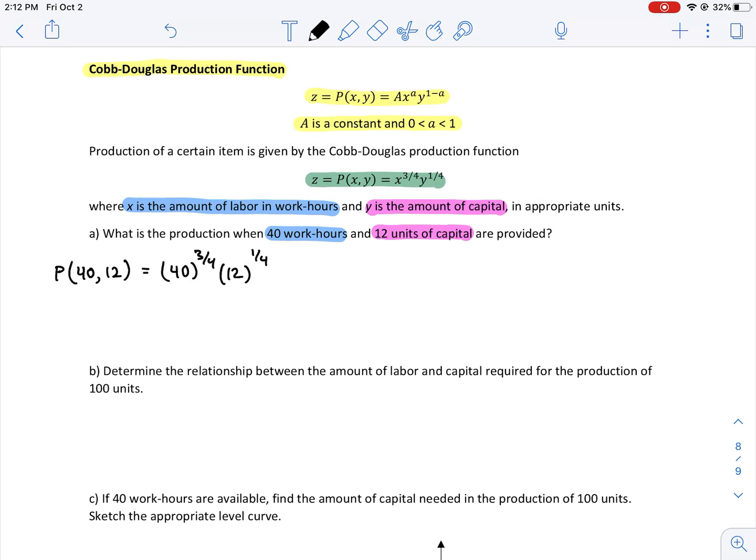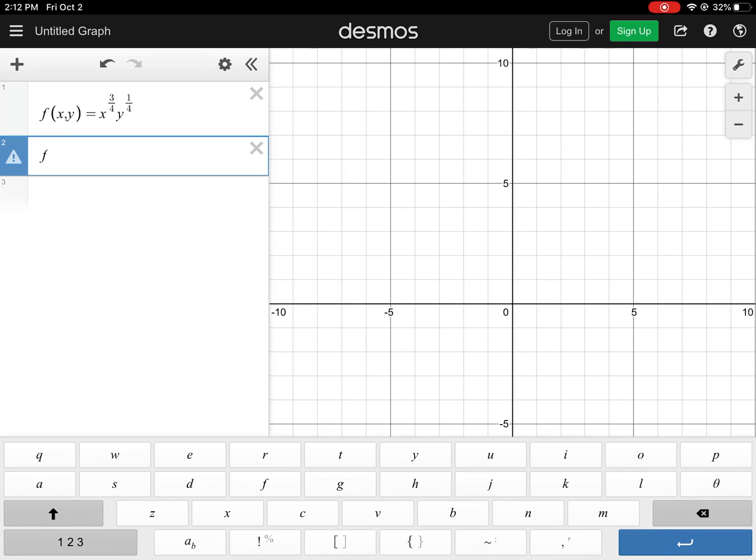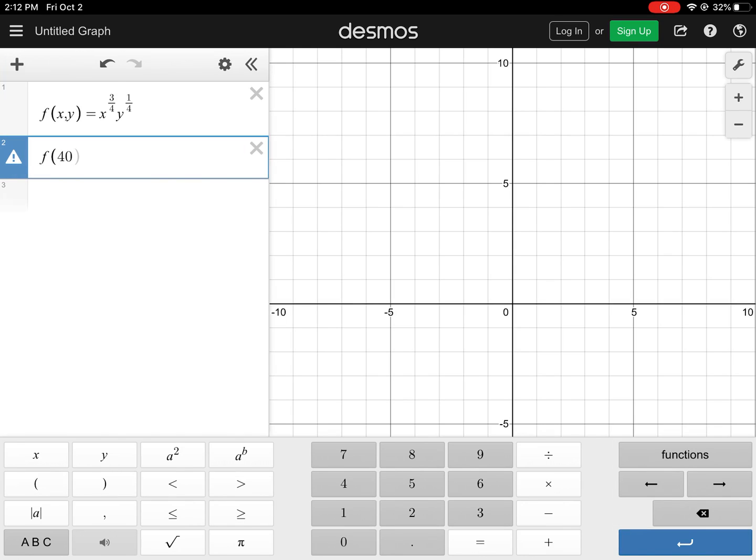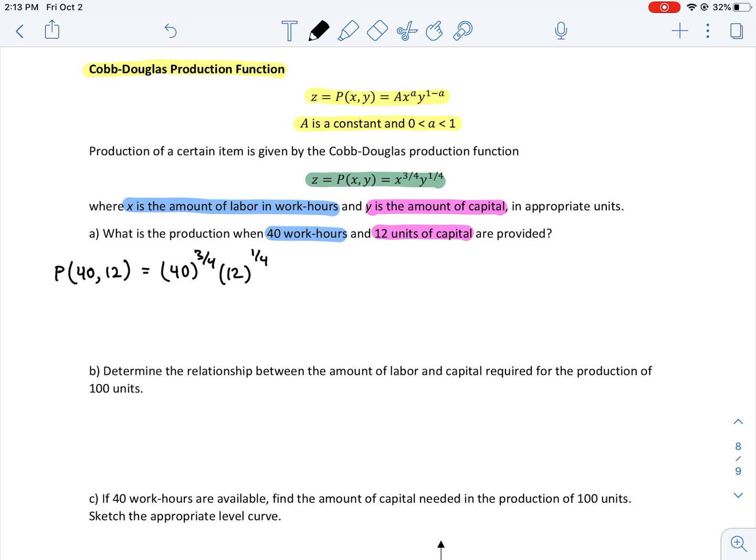And we're going to evaluate that in Desmos. So the function's already typed in. So we want f of 40, comma, 12. So that's about 30. So we're going to round up to 30.